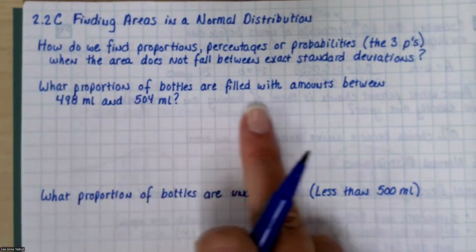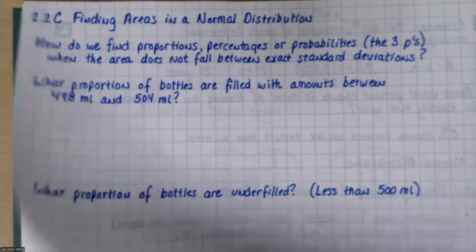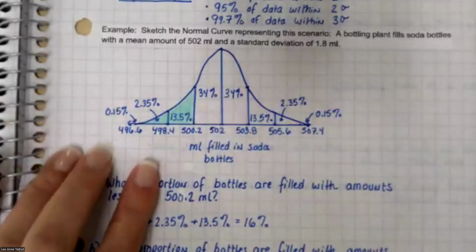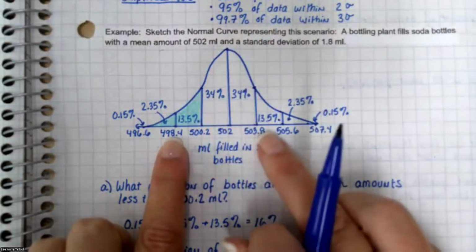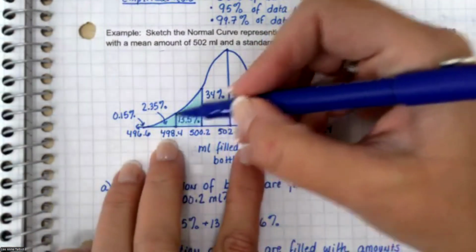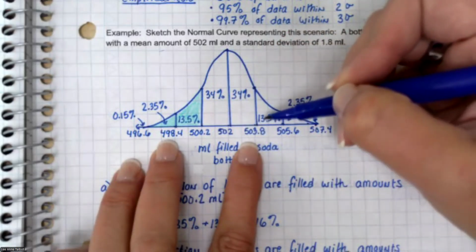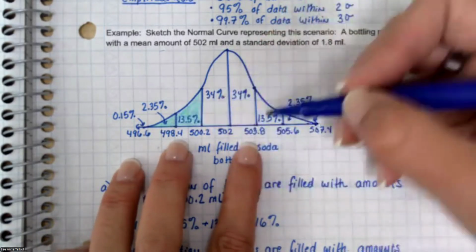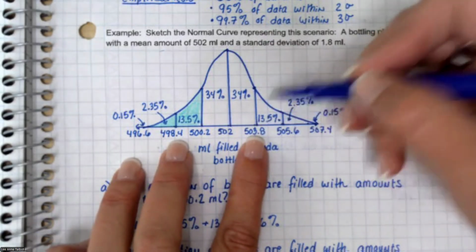What proportion of bottles are filled with the amounts between 498 and 504? If I look back at my graph from yesterday, 498 and 504 are not exactly on the standard deviation lines. 498 is a little bit in front of 498.4, and 504 is a little bit past 503.8.